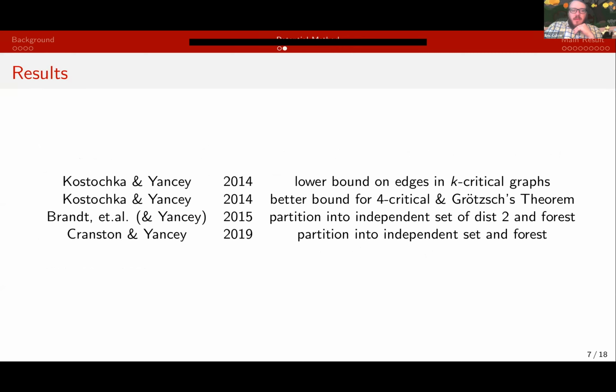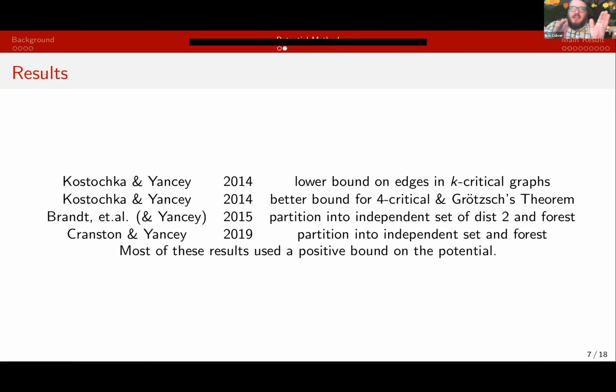There have been some results where the potential method has been used. Most of them are relatively recent, but all of these used a positive bound on the potential.